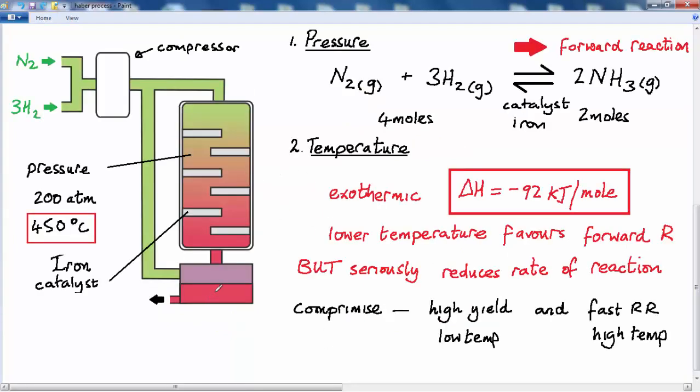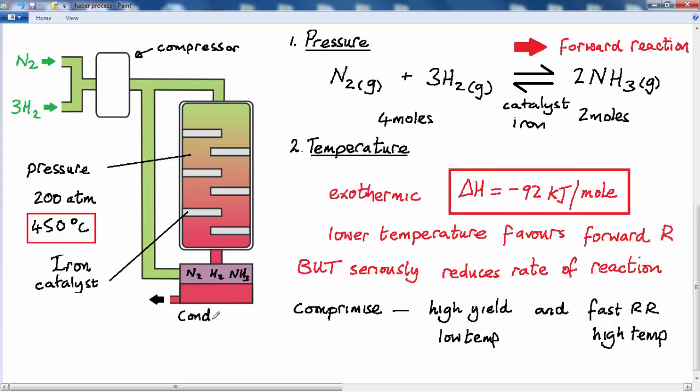Just to finish with, remember that we've got a reversible reaction going on inside this high pressurized heating chamber here. So what that means is that at any one moment we've got a mixture of nitrogen, hydrogen and ammonia. So what we've got to do is separate the ammonia from the nitrogen and the hydrogen. Here we've got nitrogen, hydrogen and ammonia gas, and what this apparatus does here, this is a condenser.